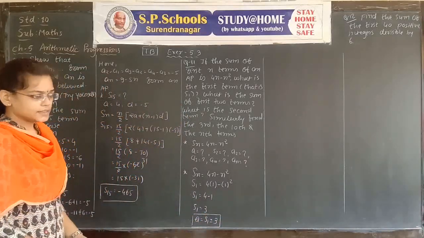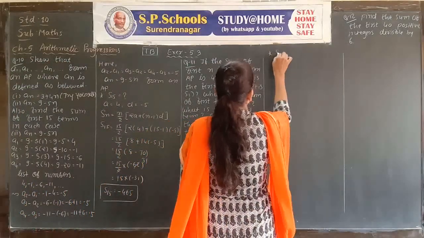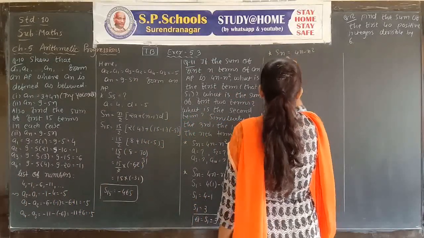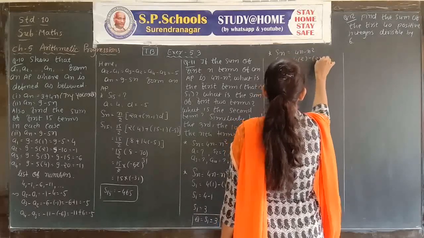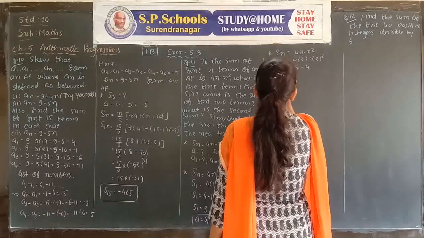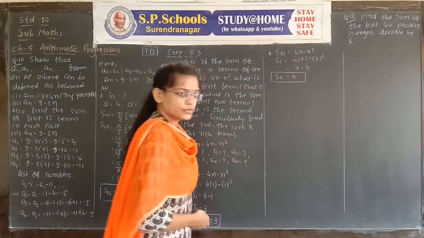Here a is 3, obtained here. Now we substitute 2 instead of n. Sn is equal to 4n minus n square. S2 is equal to 4 times 2 minus 2 square. 4 twos are 8 minus 4 is equal to 4. S2 is equal to 4, hence the sum of two terms is equal to 4.